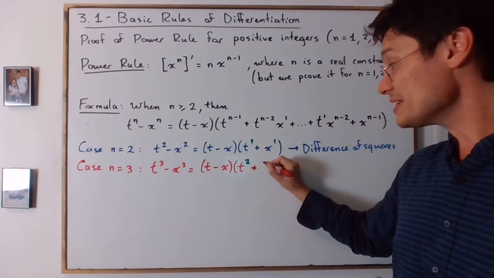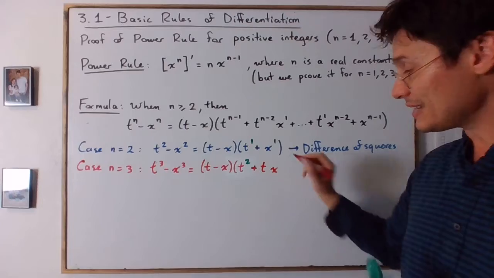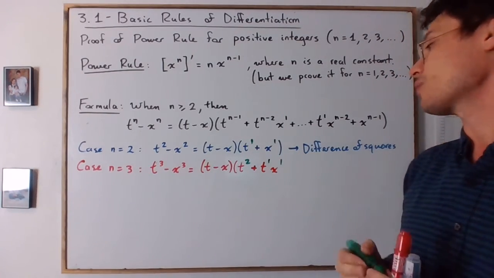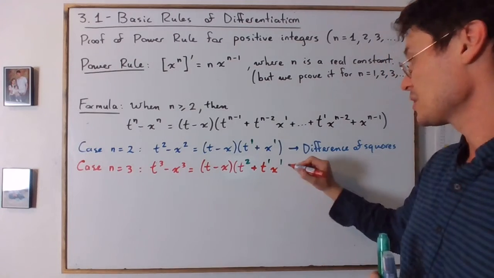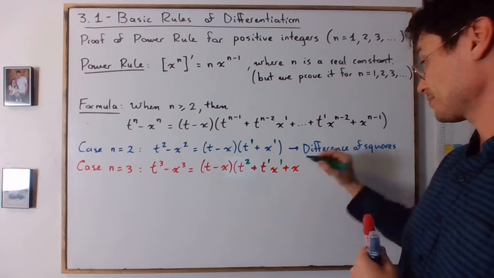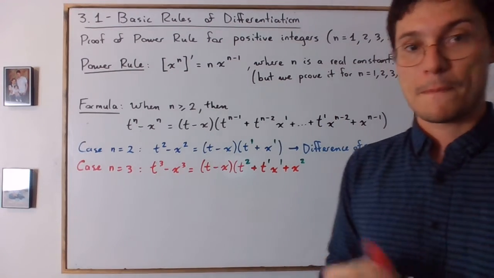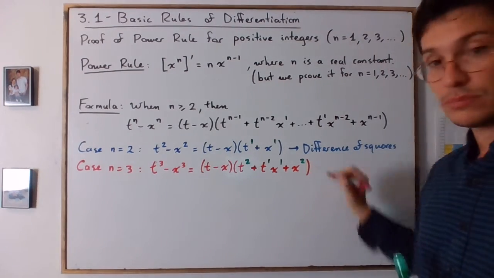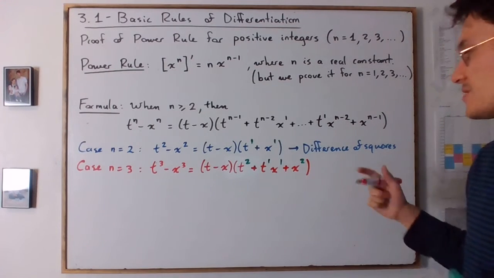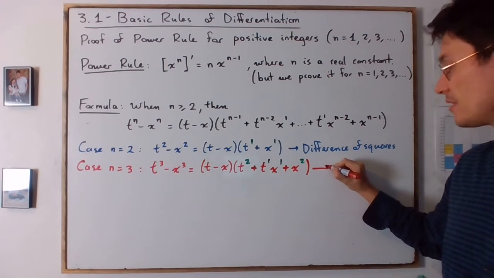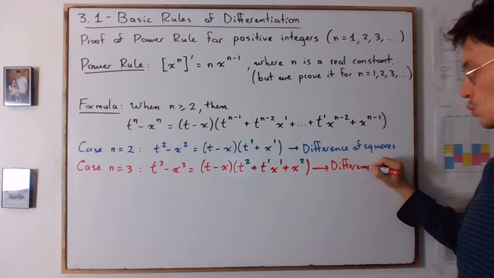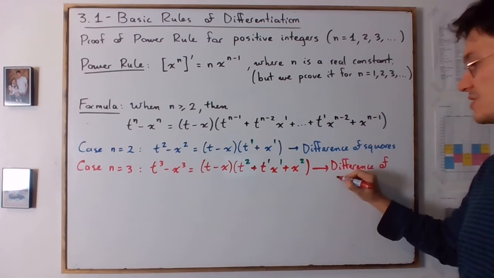Then you decrease the exponent of t, but increase the exponent of x, each by 1. So t to the power of 1, x to the power of 1, plus finally x squared. So you also know this formula. It comes from the difference of cubes. There you go. Difference of cubes.